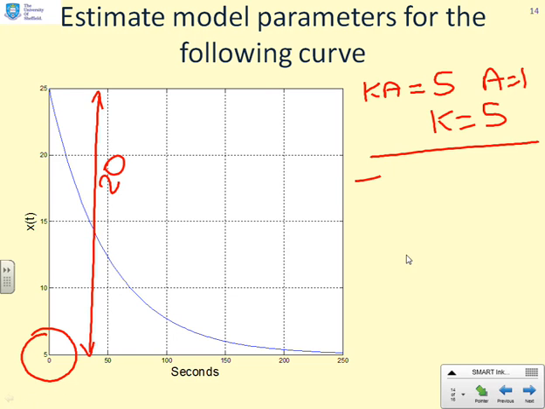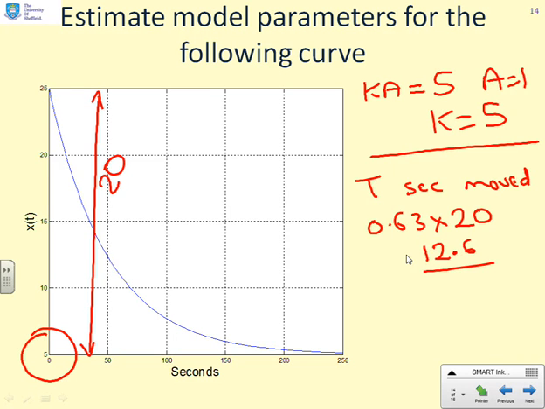So after T seconds, I will have moved 0.63 times 20, and you could probably just about do that one in your head. That's 12.6. Now, where does 12.6 take us? So if I now do 25 minus 12.6, that gives me 12.4.